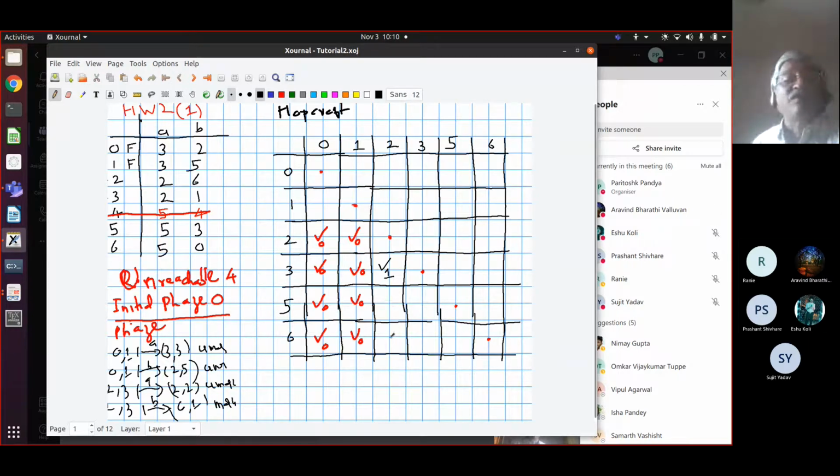What about 2, 6? 2, 6 can be separated with B, because it goes to 6, 0, which is ticked already. So this is marked in phase 1. What about 3, 6? 2, 5 is unmarked and 1, 0 is unmarked. So 3, 6 remains unmarked.